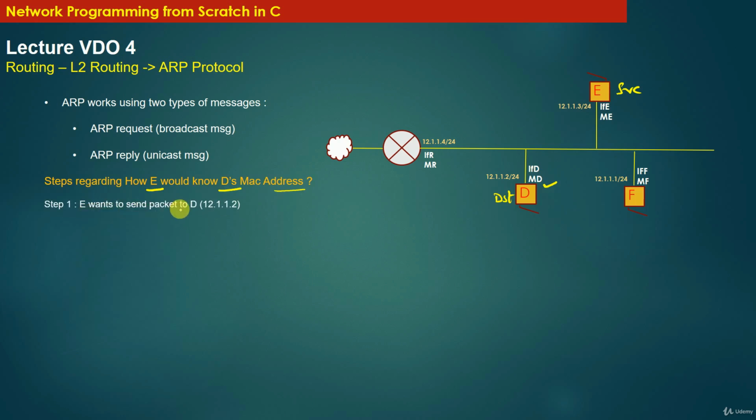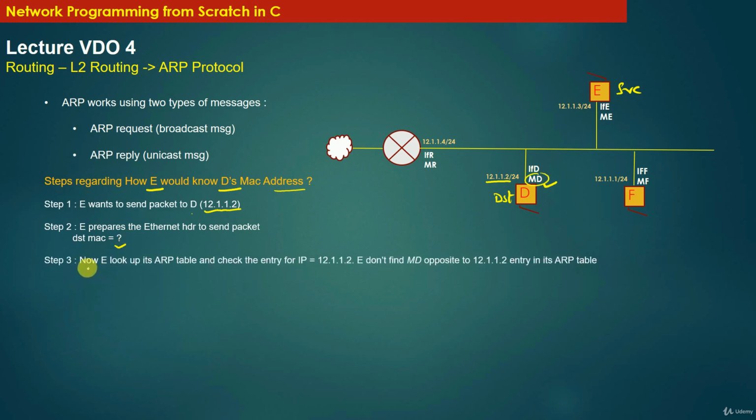E wants to send a data frame to the destination machine D, whose IP address is 12.1.1.2, right? So E tries to prepare an Ethernet header in order to send a frame to destination machine D. But at this point of time, machine E does not know the destination MAC address, that is, machine E does not know MD.